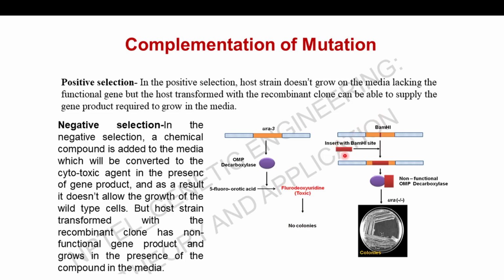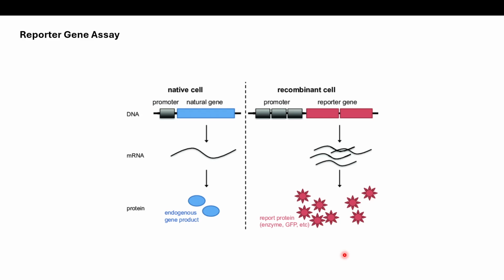But if there is a foreign gene of our interest at this site, then a non-functional decarboxylase enzyme is there. So it won't be producing the toxic product, and hence we can see the growth of colonies here, right? So this is one type of selection that is taking place.